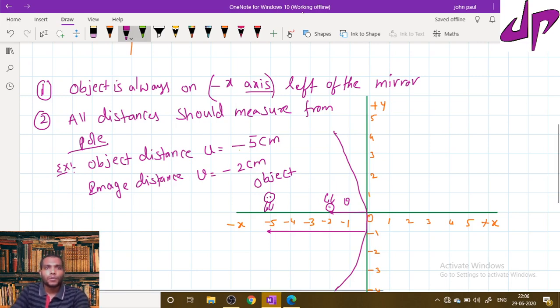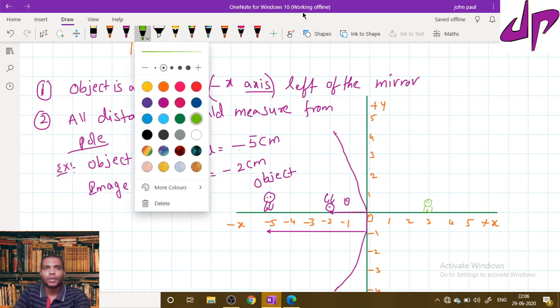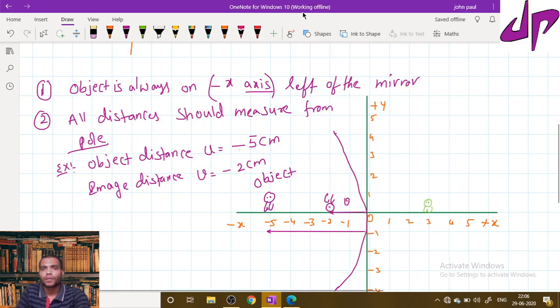Suppose it is a convex mirror that forms a virtual image. If the image forms here, then we can say the image distance in this case is from here to there.